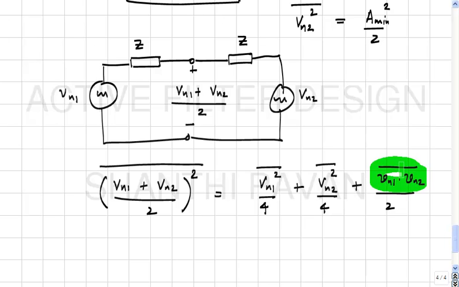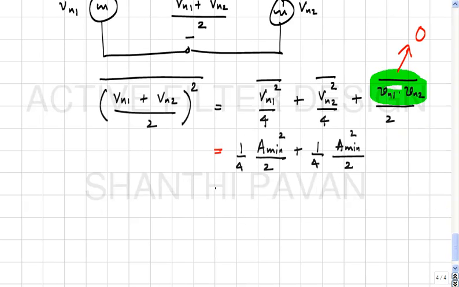The average value of Vn1 times Vn2 must be 0, which means the mean square value at the output of F1 parallel F2 is Vn1 square by 4 plus Vn2 square by 4, which is nothing but A min square by 2 times 1/4 plus 1/4 times A min square by 2, which is 1/2 A min square by 2.